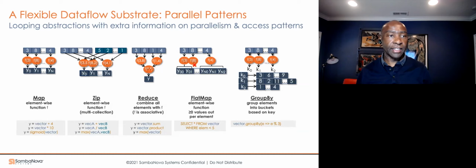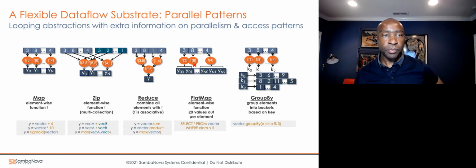The idea is that these patterns tell you about both the parallel computation characteristics of the pattern, but they also tell you about the data access, right? And with these two components, you can build very sophisticated compiler transformations that can optimize both the parallelism and locality of your application.